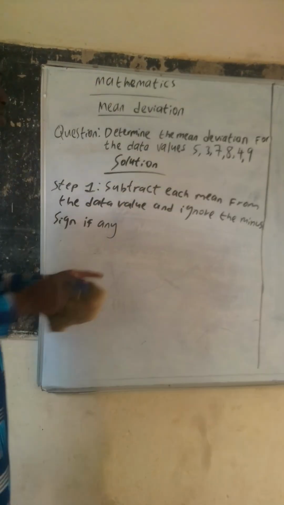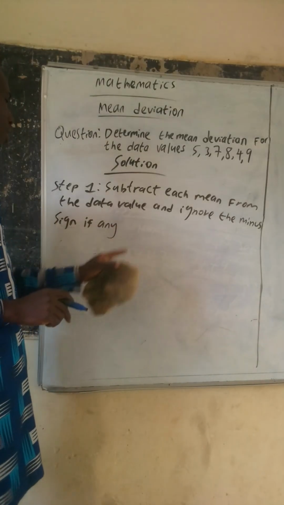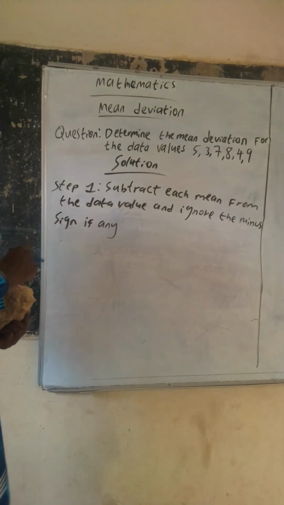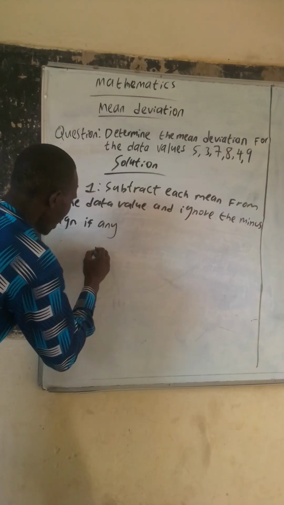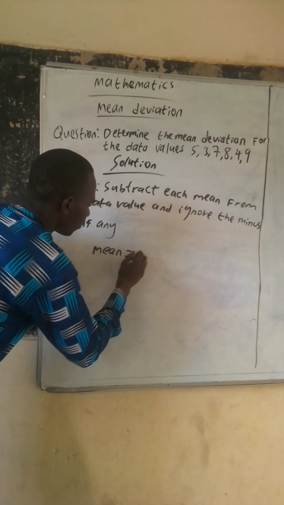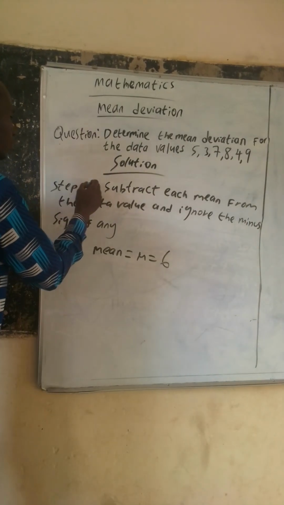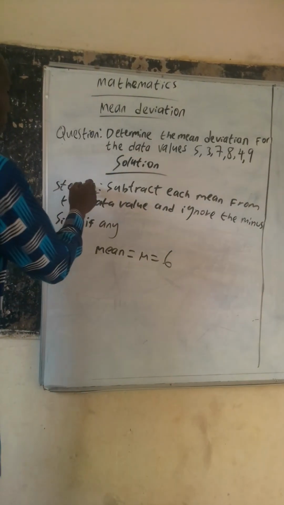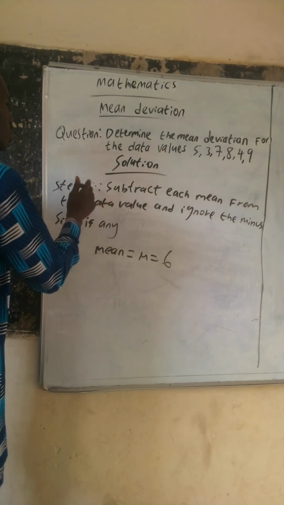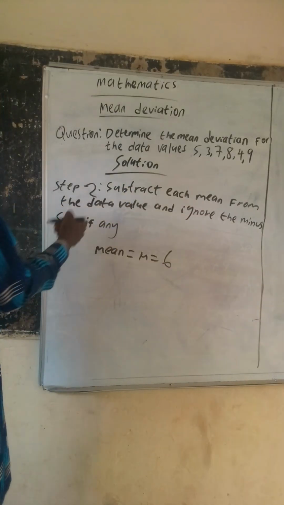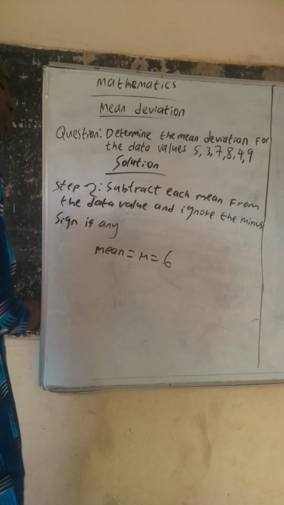The mean was 6, right? So step number 2 is to subtract the mean from each data value and ignore the minus sign if any.